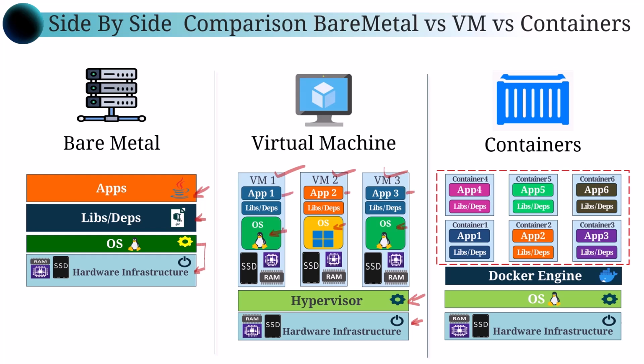In containers, a Docker engine or a container runtime is installed on the operating system, and the container runtime will spin off many containers which share the operating system kernel. You can run a lot of containers on a single physical machine with different applications. As you can see, containers provide an effective utilization of the underlying physical hardware.